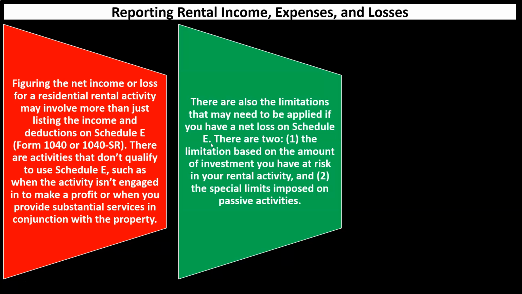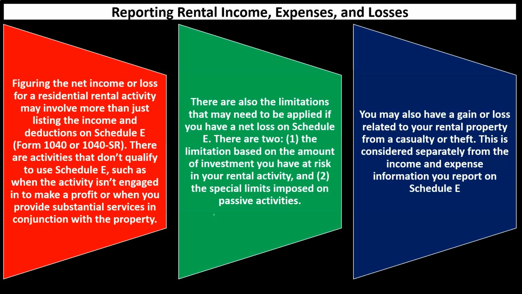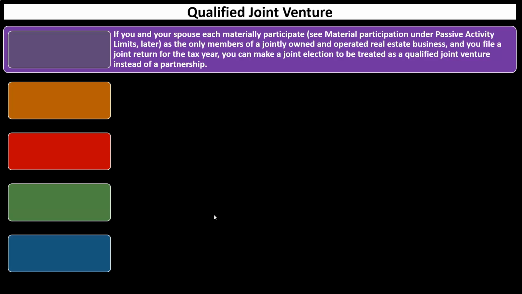So there are two: one, the limitation based on the amount of investment you have at risk in your rental activity, and two, the special limitations imposed on passive activities. So you may also have a gain or loss related to your rental property from a casualty or theft. This is considered separately from the income and expense information you report on a Schedule E.